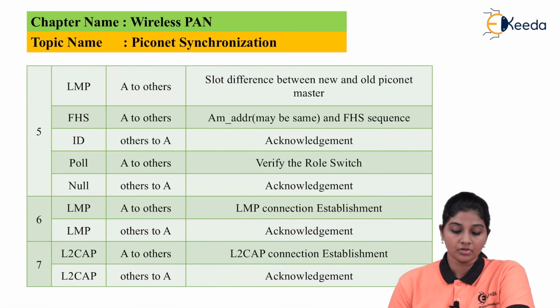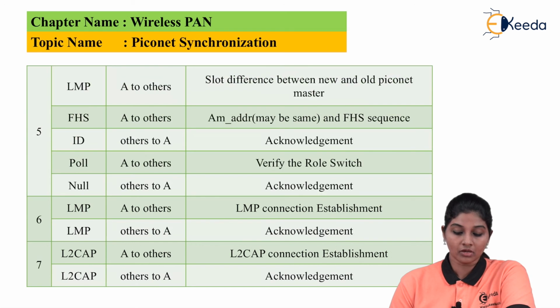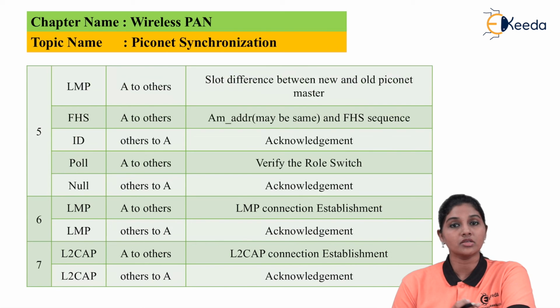Now in the sixth step, the LMP is sent from A to other devices for establishing the link manager protocol connection, which is responsible for controlling the link setup and the data communication between the devices. In response, an acknowledgement is sent from other devices to A in the form of LMP only.